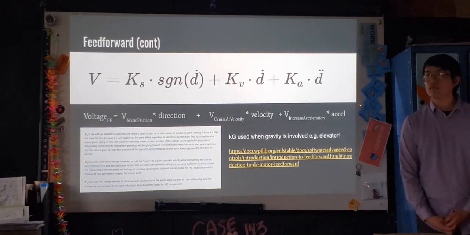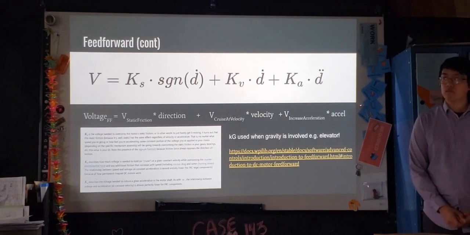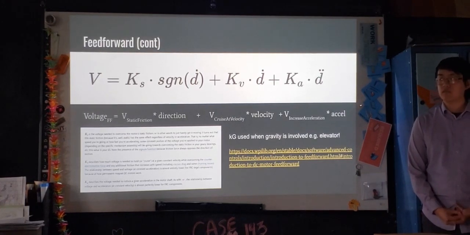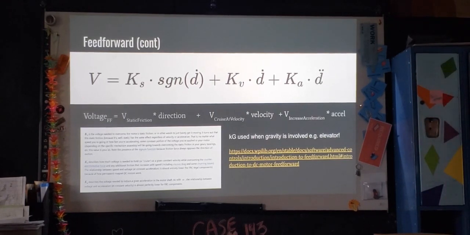So again, in the case of the robot, none of us are ever going to know any of these numbers. We're going to characterize the system and that's it. Something like this is sitting inside, but none of us are trying to calculate Kv or anything like that. It's all based on computer physics. Essentially, we get the algorithm to figure it out and then hope that it did an okay job.